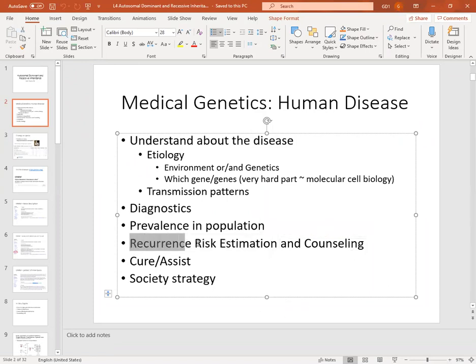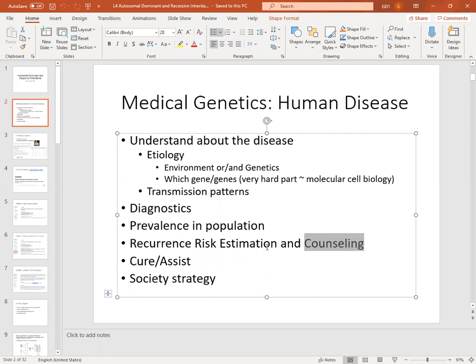You can estimate it using the transmission pattern: whether the disease is recessive or dominant, and whether it is located on an autosome or the sex chromosome. Based on that, you can provide a service like counseling.